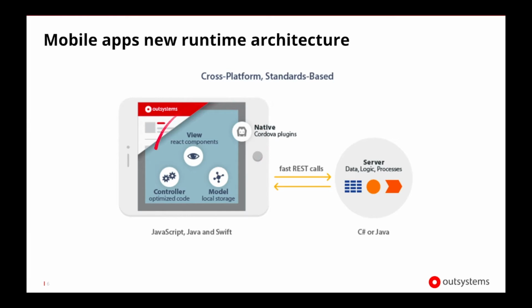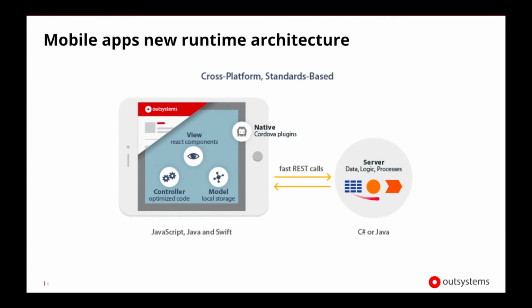If the device needs more data from the server, then it uses fast REST calls to the server to retrieve that data. And it can be data that's directly from an entity, or that's computed by an action or a processing.